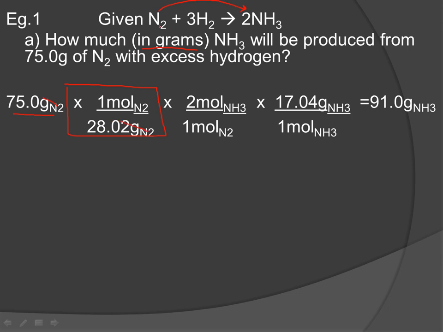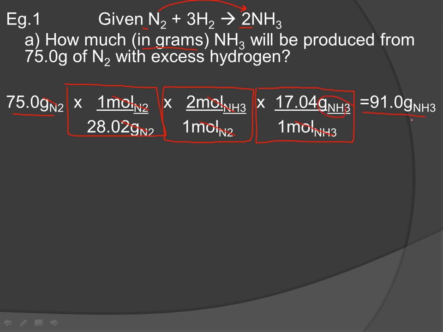We then use the molar ratio of 1 mole of nitrogen producing 2 moles of ammonia for our next conversion factor, so that we're talking about moles of ammonia now. Moles of nitrogen is gone, we're now in moles of ammonia. We then finally convert that to mass of ammonia using the molar mass of ammonia. That will allow for the cancellation of the moles of ammonia, and we will finally be in grams of ammonia.